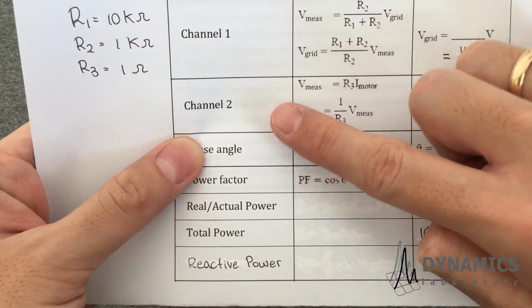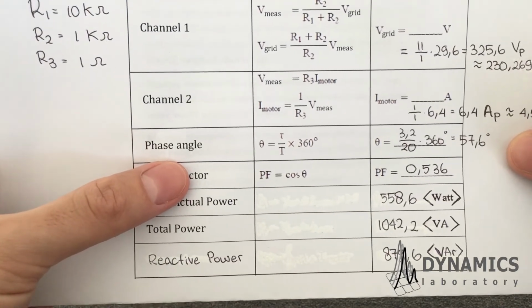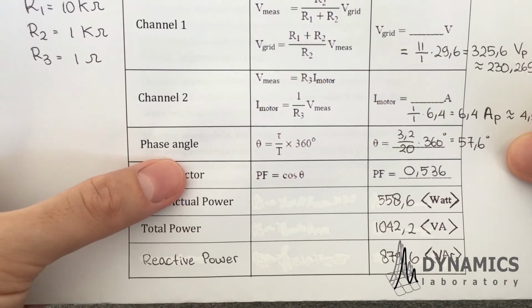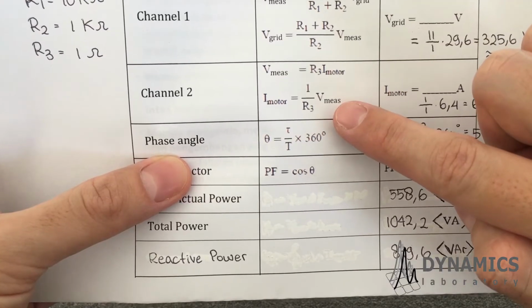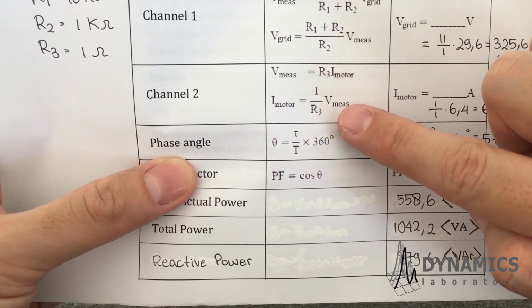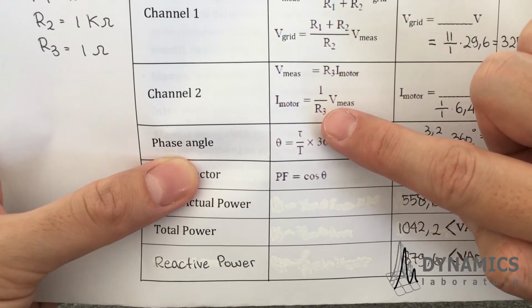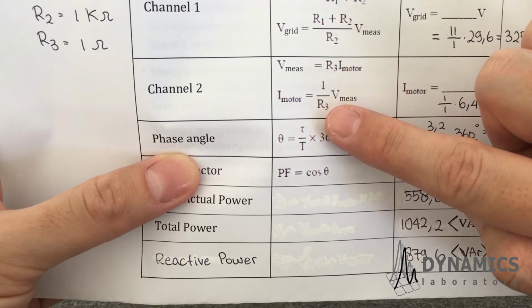Move to the second calculation. In the second calculation, we want to get the current flowing to the motor. What we measured in here is the voltage measured by the oscilloscope at channel 2. But as I have already told you before, R3 is equal to 1 ohm.